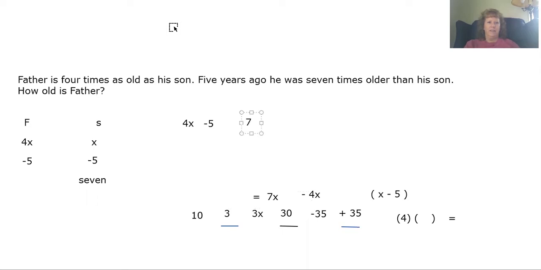Let's put an equal sign in there. Okay, so 7 was times, in parentheses, x minus 5. So there's our x minus 5. So if you distribute the 7, 7 times x is 7x, and 7 times 5 is 35, and we're keeping the minus sign.